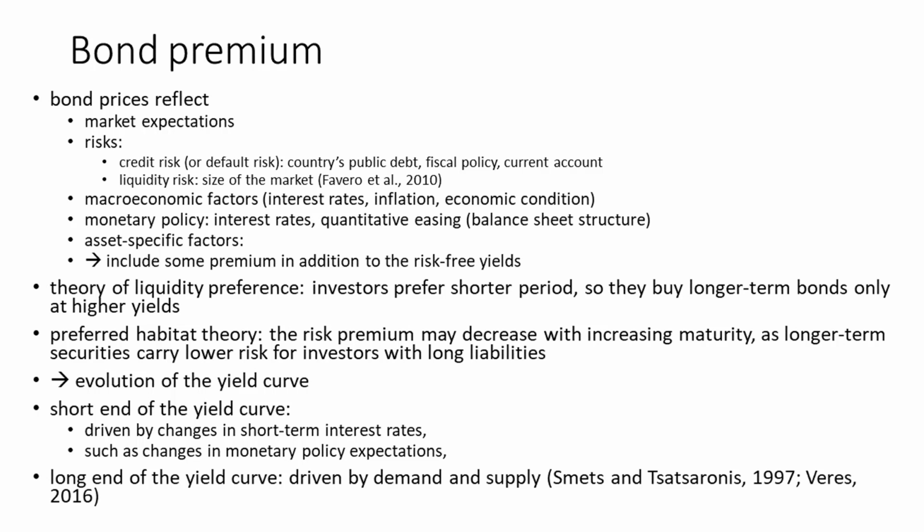So that's why you have to provide a premium for these investors only if you would like to incentivize them to move out from their preferred part of the yield curve. And also, in the case of the short end of the yield curve, we can find most of the shocks which are coming from the economy, which are coming from the monetary policy.